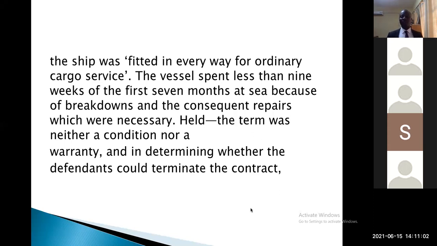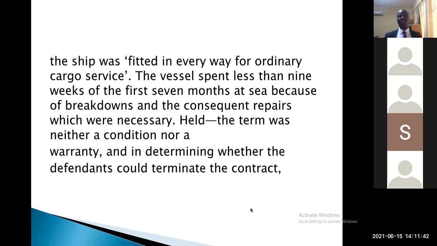And the English Court of Appeal, speaking through Lord Justice Diplock, who eventually became a law lord in the House of Lords, acknowledged that where you have certain contracts, it was not all the time that you could reduce it to whether a particular term can right away be described as a condition or a warranty.